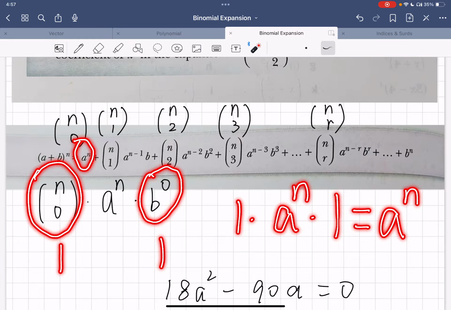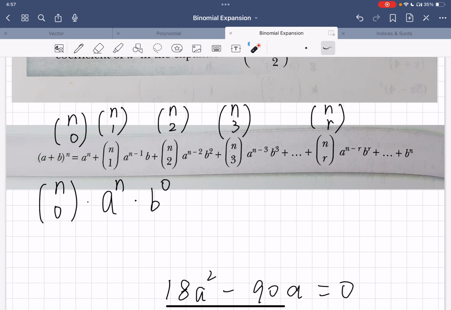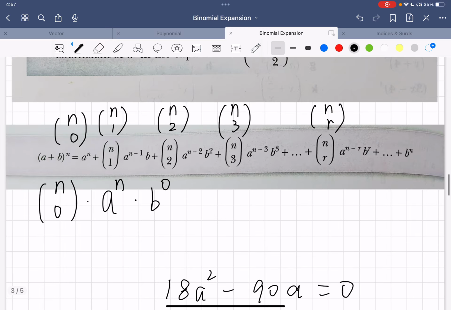But for better understanding, during your first period when you study this binomial expansion theorem, you can write in this way to get yourself more clearer about it. And for the last term, that is nCn times a to the power 0 times b to the power n.